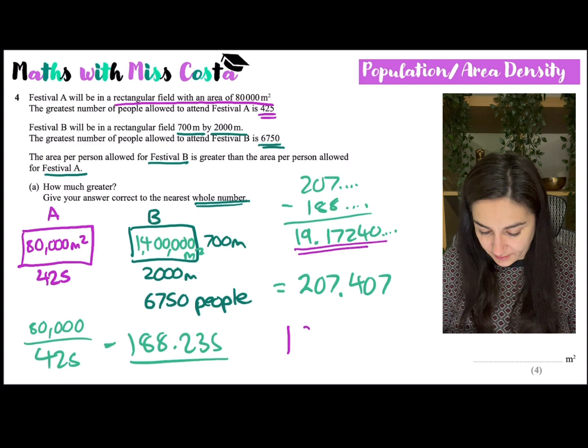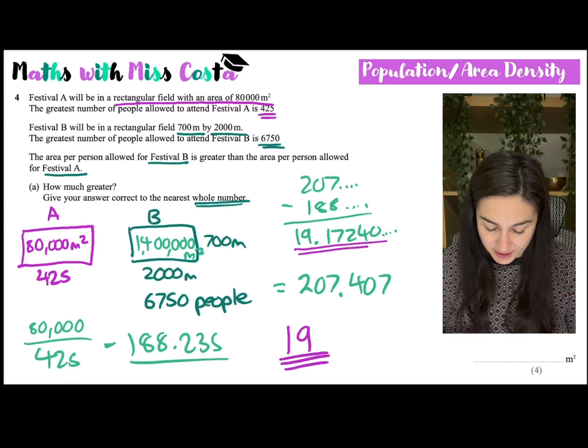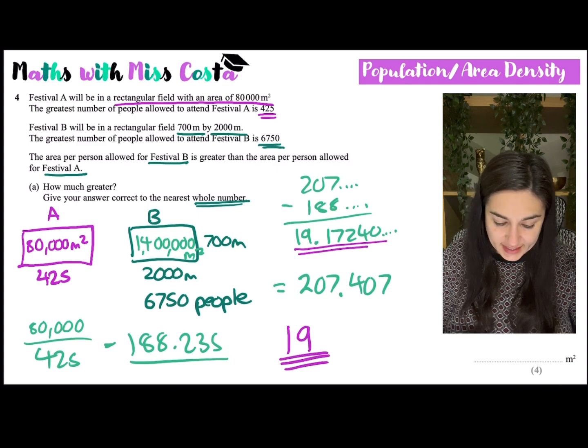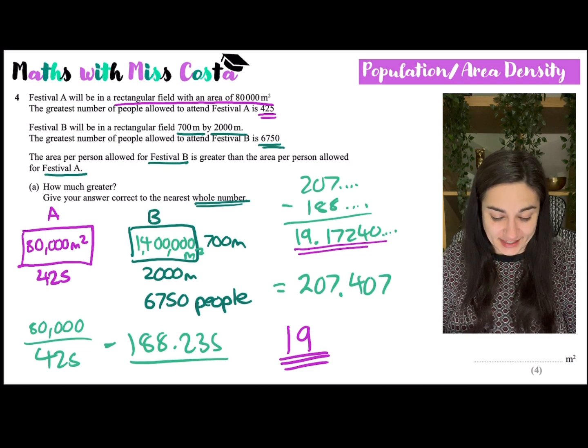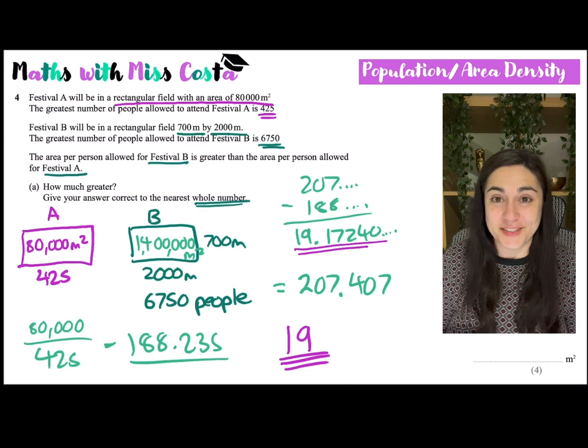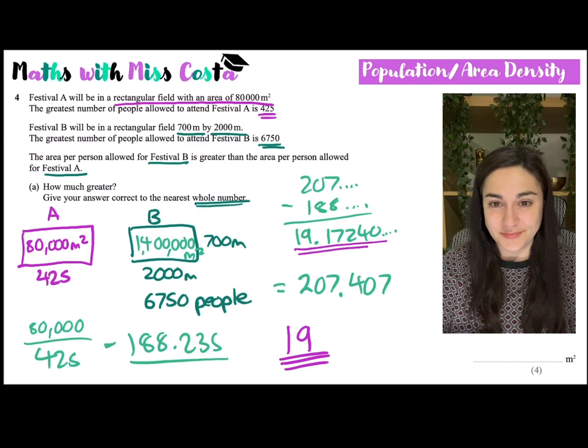So the area allowed per person for festival B is 19 meters squared more than for festival A. It sounds like they're much less tightly packed in there.